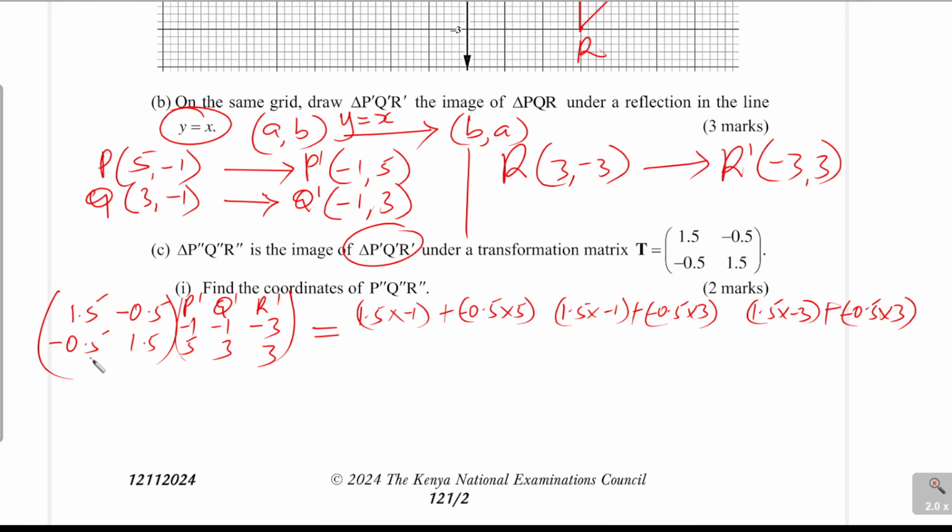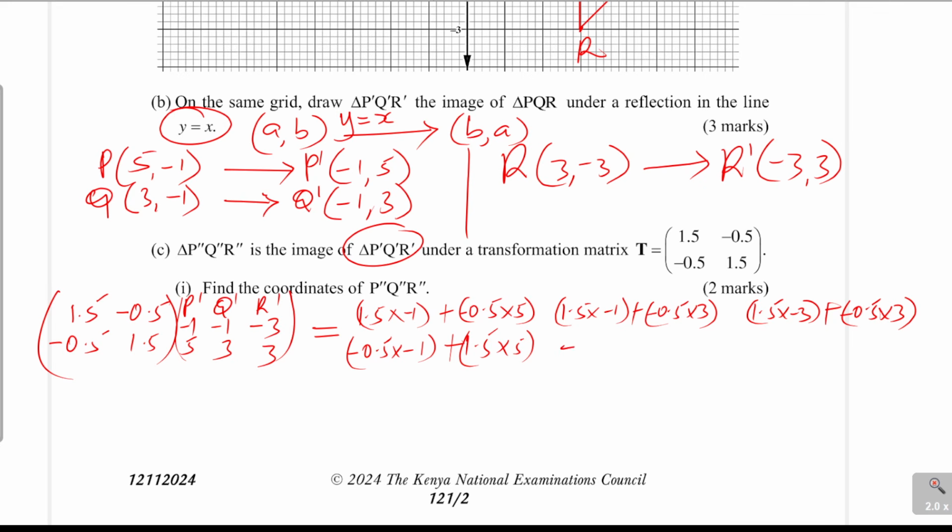Now we can go to the second row. Second row, first column. We get negative 0.5 times negative 1, then plus 1.5 times 5. Now we go to the next one, second row, second column.